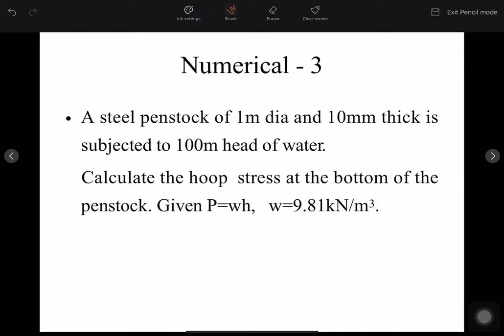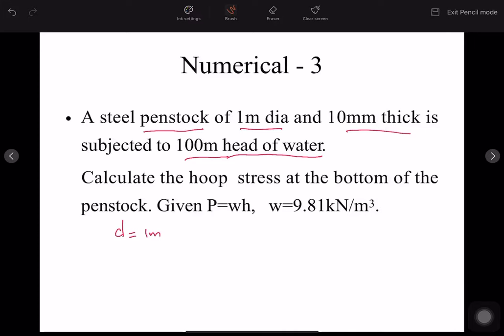If you read the question nicely, then you can solve the problem easily. So if you go into the question, a steel penstock of 1 meter diameter and 10 mm thick is subjected to 100 meter head of water, right? So what is the given data here?